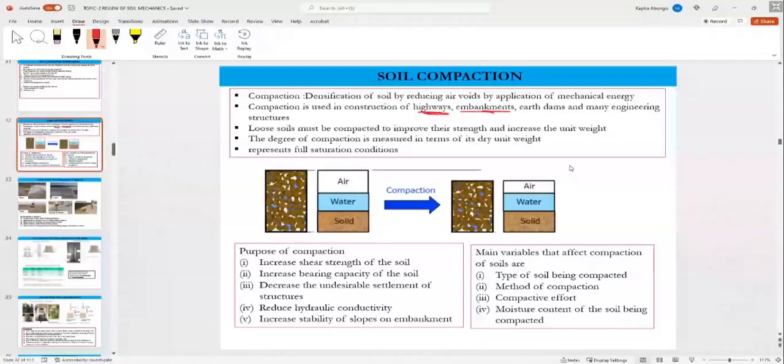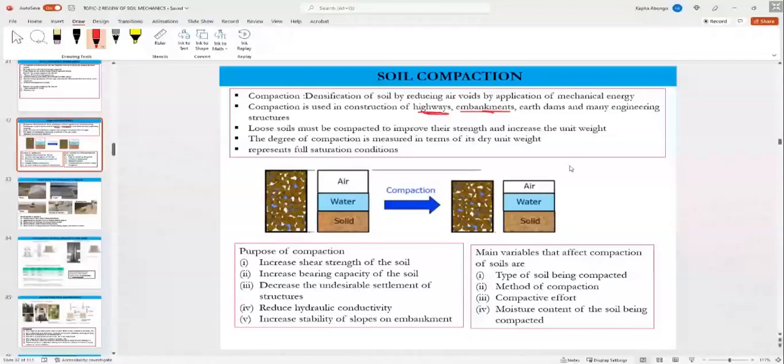So those are the reasons for compacting soil: reduce seepage, or reduce the hydraulic conductivity.